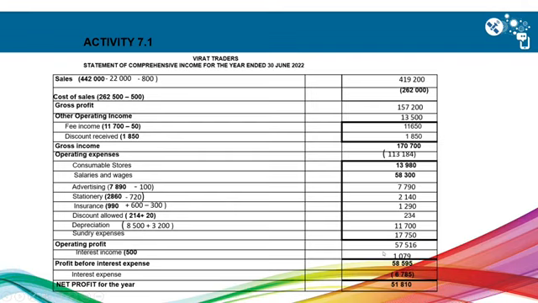Now, what has happened, grade 10s, if you see, I've got a figure of 57,516. If we move down and look at our profit before interest expense, I have a figure of 58,595.